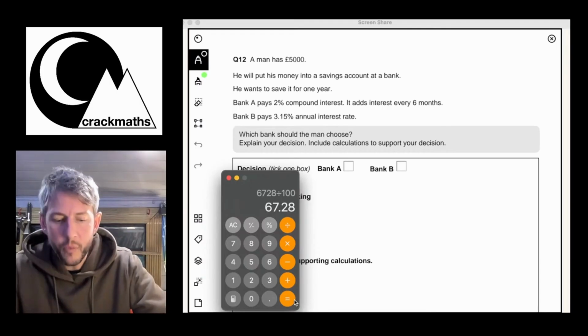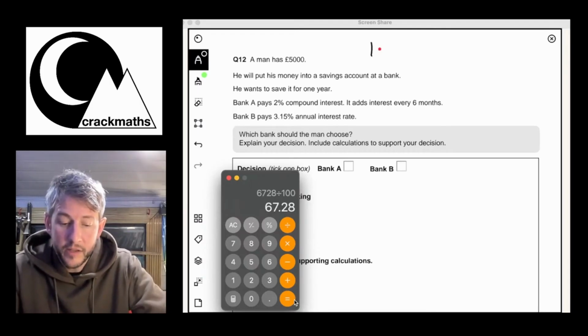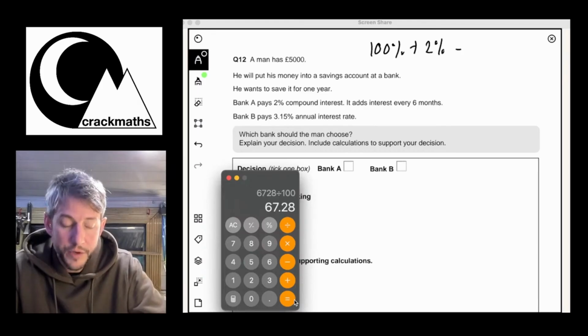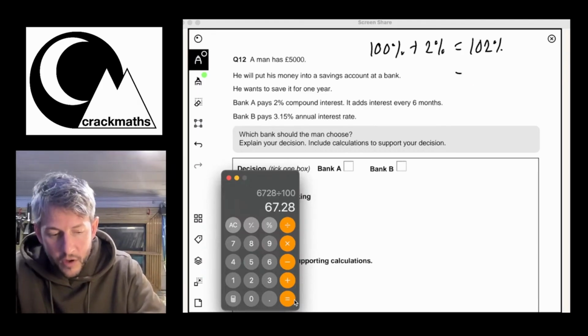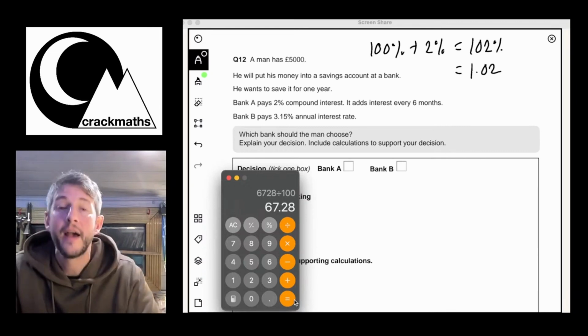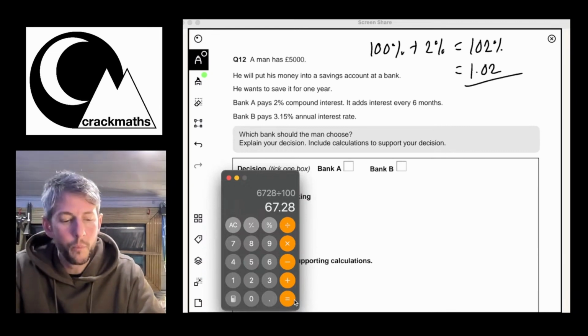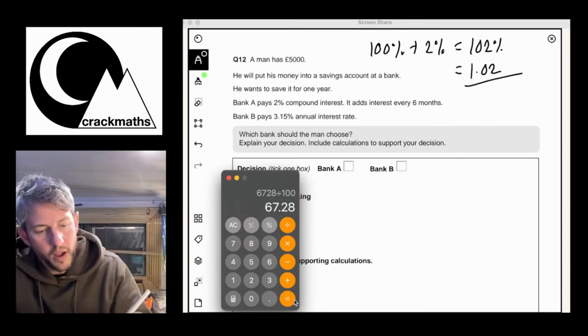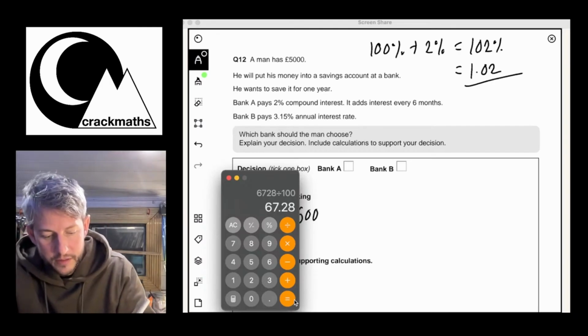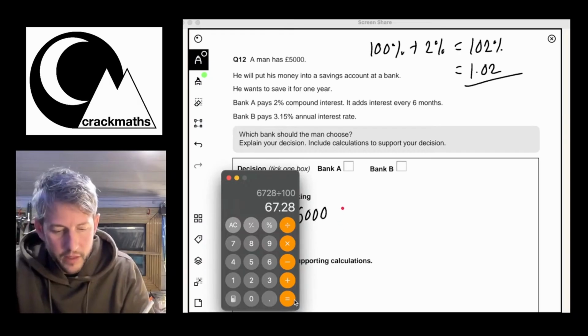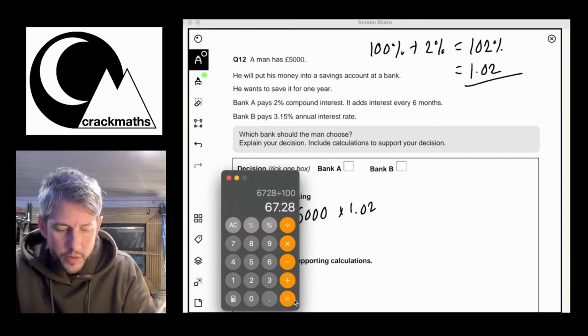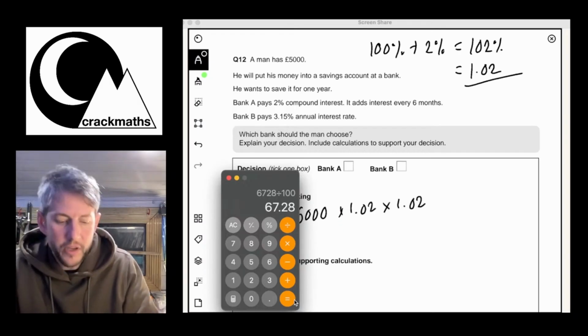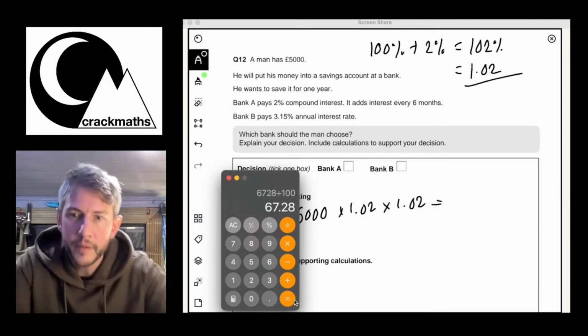So remember, if we're increasing something by 2%, we do 100%, add 2%, which equals 102%. We divide this by 100, which equals 1.02. Now, anything we multiply by 1.02 will be increased by 2%. So what I can do is I can do 5,000 times 1.02 times 1.02, because this is going to happen twice in the year.